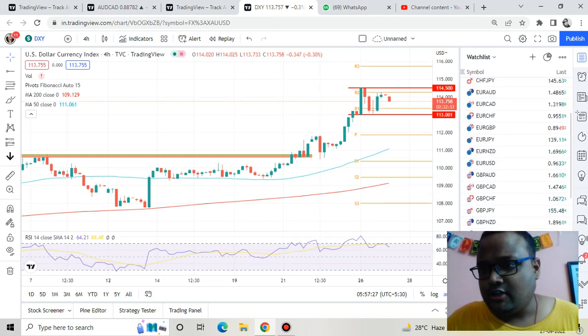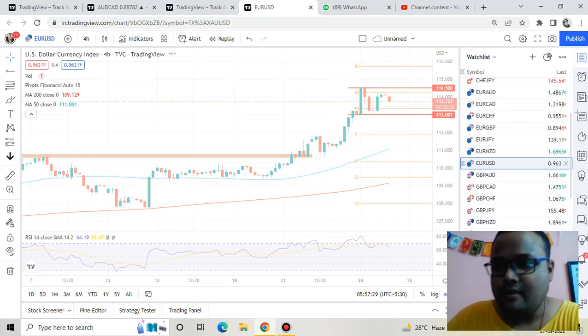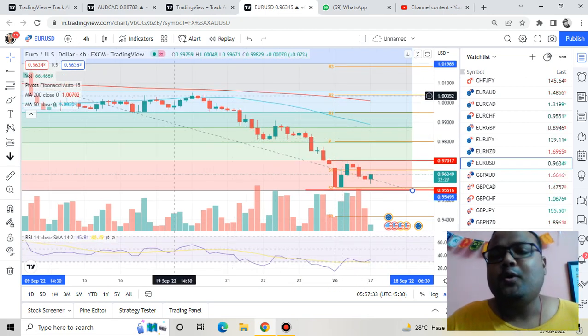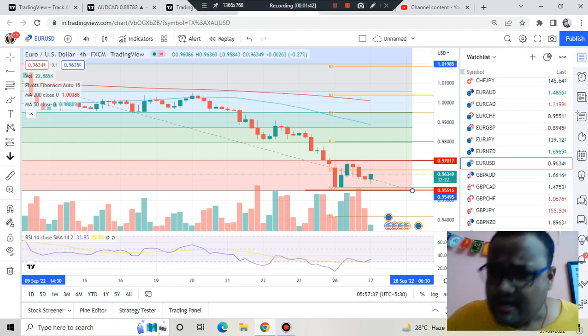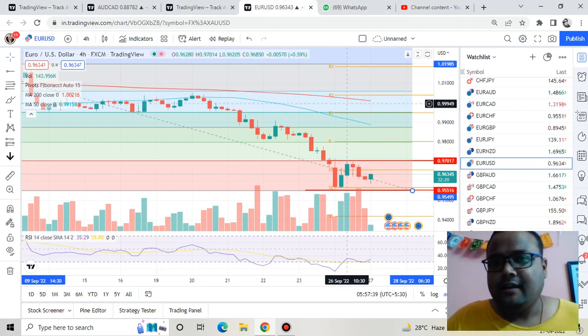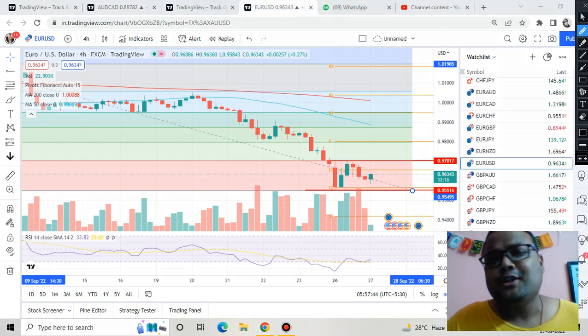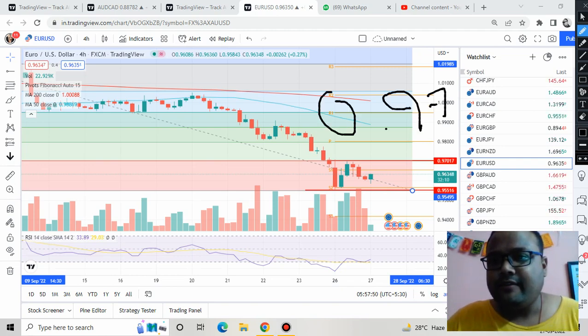Now let's have a look at the chart of Euro dollar. And Euro dollar, yes, is just the opposite, in a pure downtrend, a clean downtrend, the market struggling very badly under the dominance of sellers. And we can see that just like DXY, Euro USD is also trading in a range. What is the range here? 0.9700 at the top is standing as the previous high.